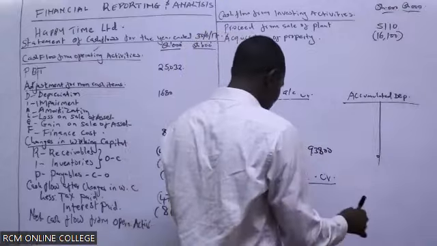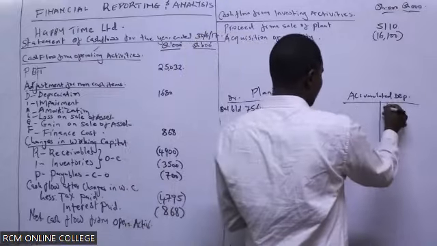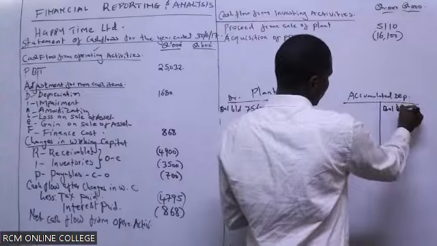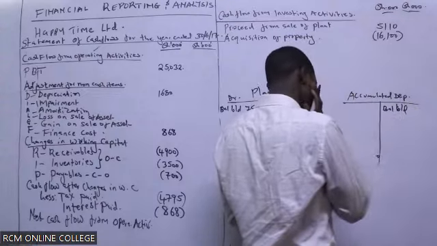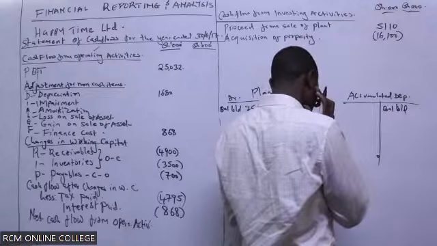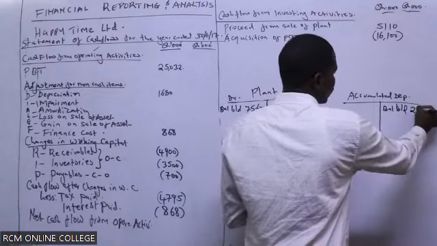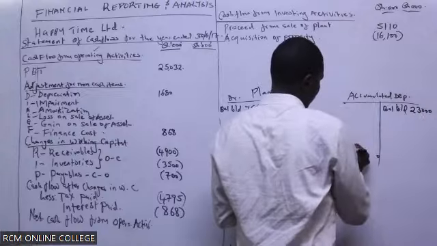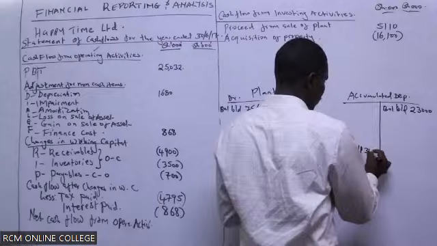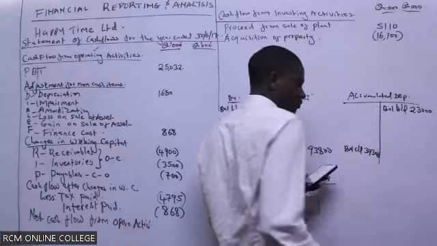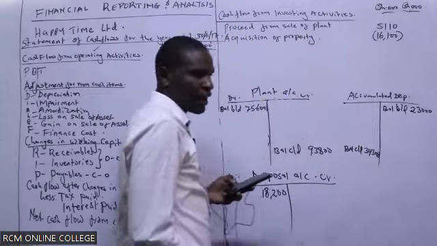So accumulated depreciation kwa plant, balance that was brought down, brought down ngapi? 23,000. Balance carry down ilikuwa 34,300. Haya, concurrently.